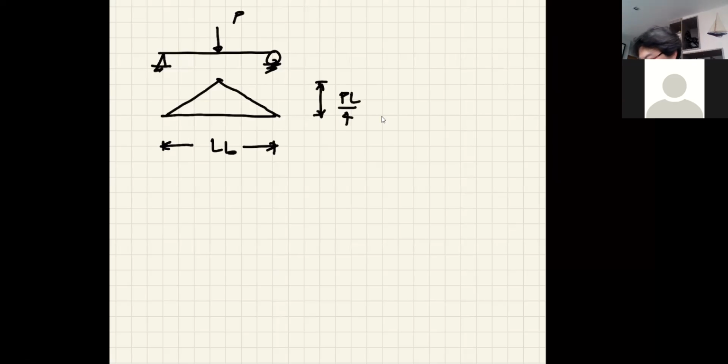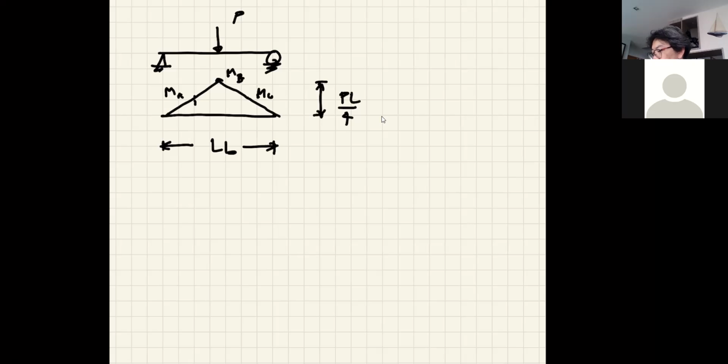Okay, and we divide this into 4 equal lengths, and my MA will be at the quarter point, so that's my MA. My MB incidentally will be at the M max, and then I have my MC.